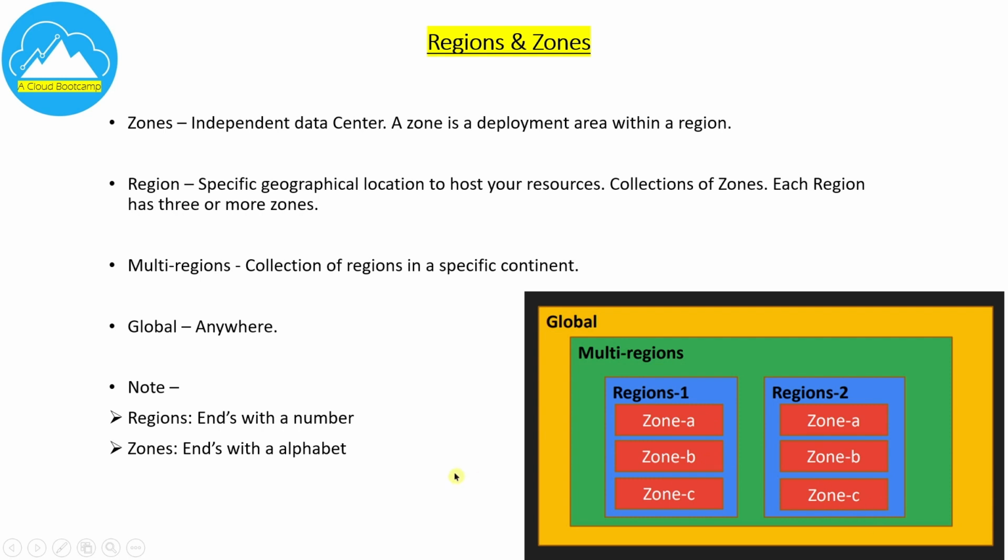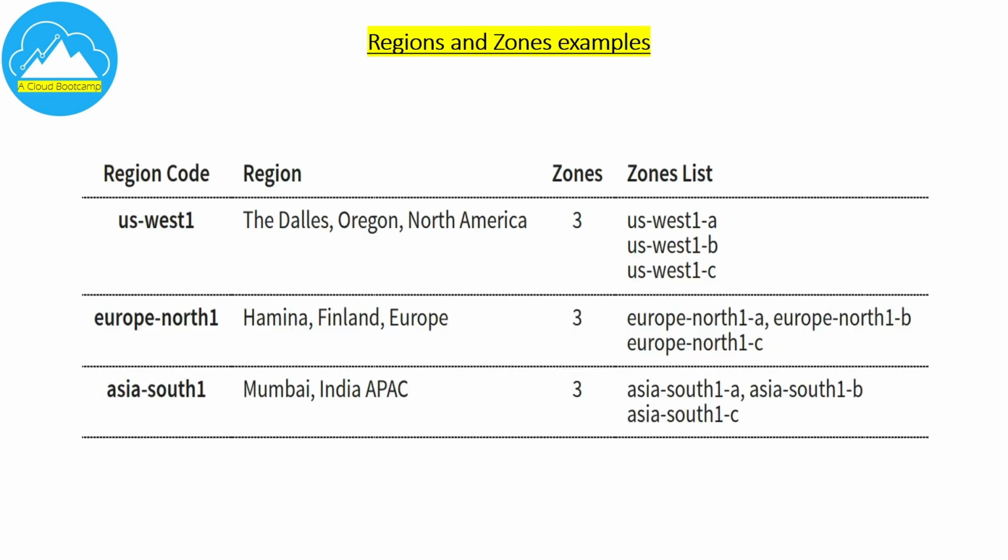Let's look at an example, and you'll see how we can identify regions and zones just by looking at the name. I've taken a snapshot which shows region code, region, zones, and zones list.